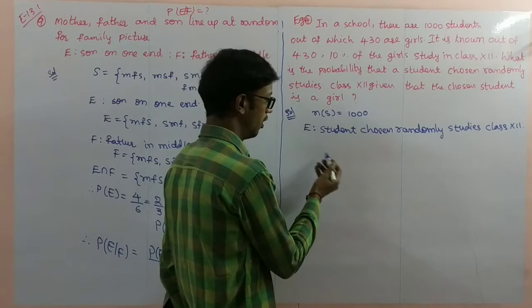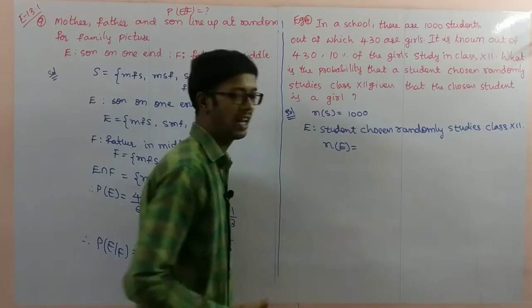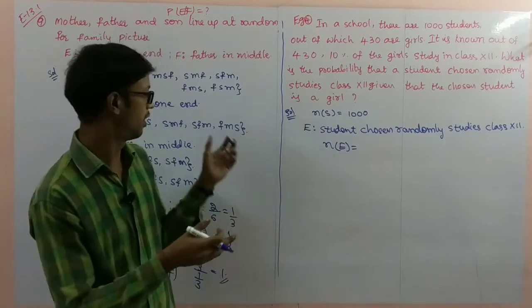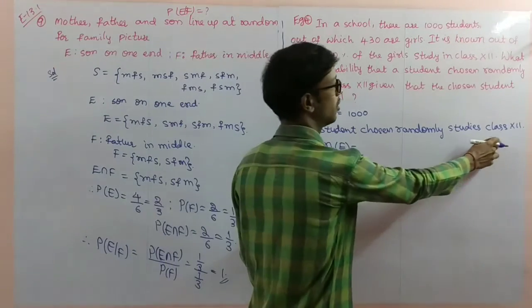I'll write here number of elements in E directly, no need to write each and every set.